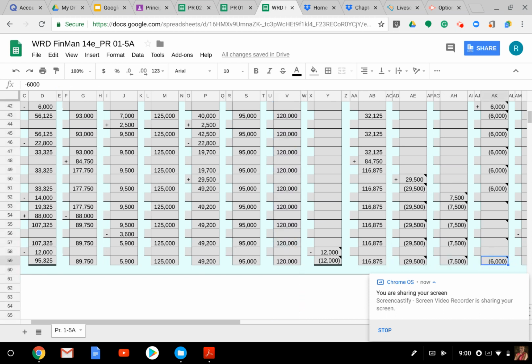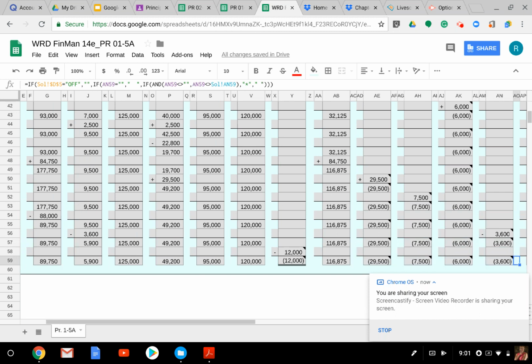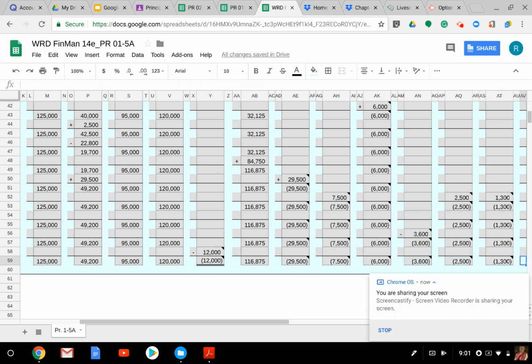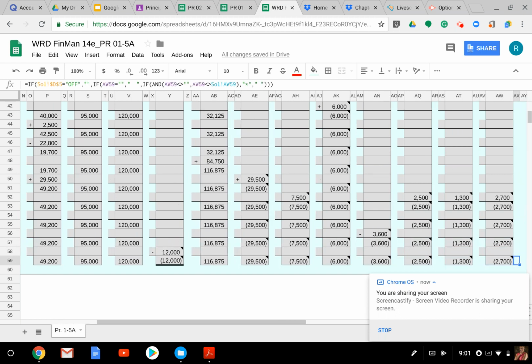Escape, Control C. We want to copy the balance and make sure we bring it down. Okay, so we had $6,000 in rent expense. We had $3,600 in supplies expense. Utilities, we had $1,300. And then in miscellaneous, we had $2,700.